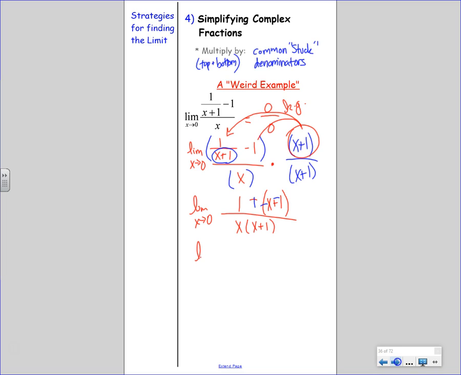So what happens as I have 1 minus x minus 1? Who cancels? Yep. Who's left? Ooh. What would negative x over x reduce to be? I can reduce these, right? But what's still there? A negative sign.